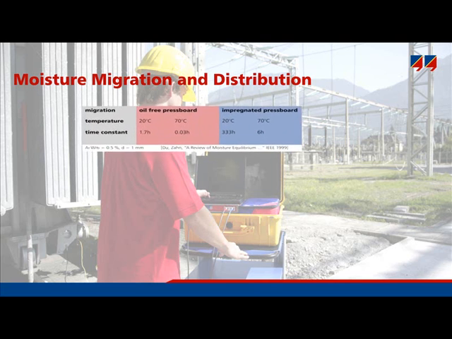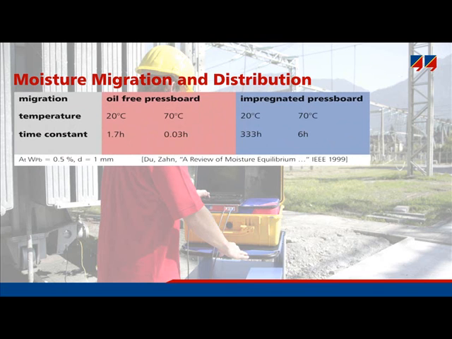This table displays the time for water vapor to migrate through a pressboard disc having a thickness of 1 millimeter. An oil-free pressboard has a time constant of moisture migration of around 1.7 hours at 20 degrees Celsius. This migration constant decreases to some minutes at 70 degrees Celsius. It is therefore highly temperature dependent.